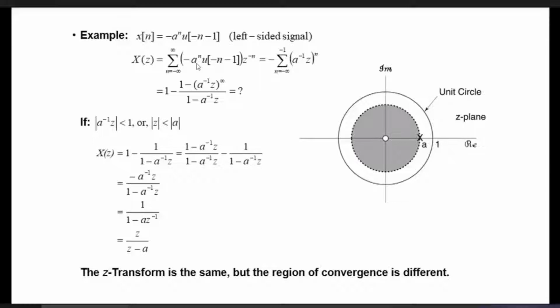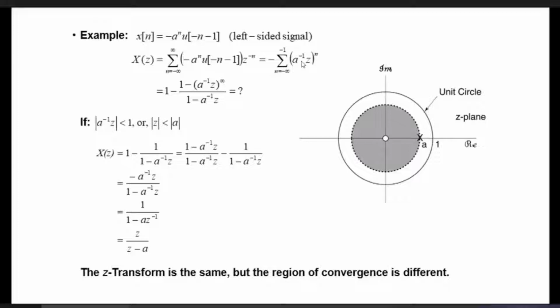So the minus sign is taken outside, and then it is a inverse, because the z inverse term is there.